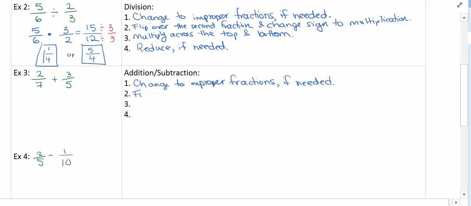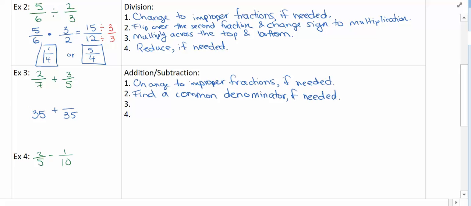We're going to have to find a common denominator if needed. So for example here, 7 and 5, you want to find a number, hopefully the lowest one they both multiply to, so I'm going to use 35.